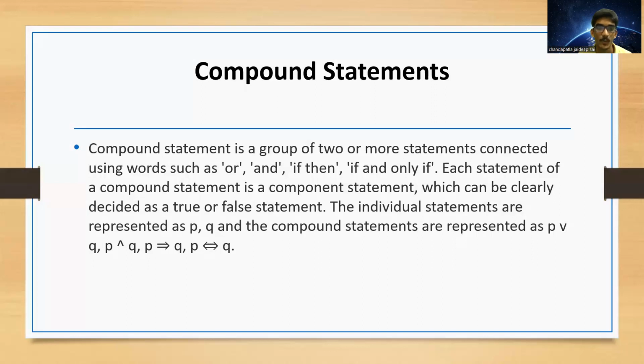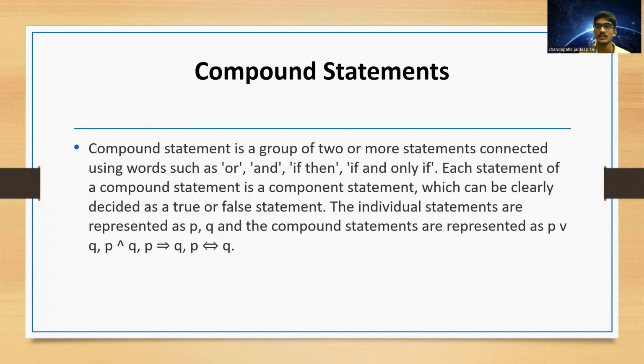Each statement of the compound statement is a component statement, which can be clearly decided as a true or false statement. The individual statements are represented as P and Q, and the compound statements are represented as P or Q, P and Q, P implies Q, or P if and only if Q.